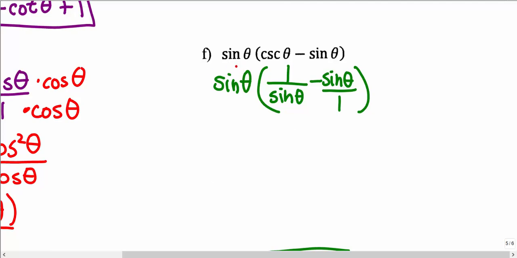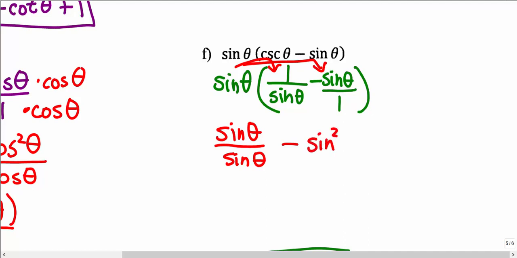We're going to distribute the sine theta into the parentheses. So when we do that, we get sine theta divided by sine theta, minus, and we have sine theta times a negative sine theta. So that's minus sine squared theta.